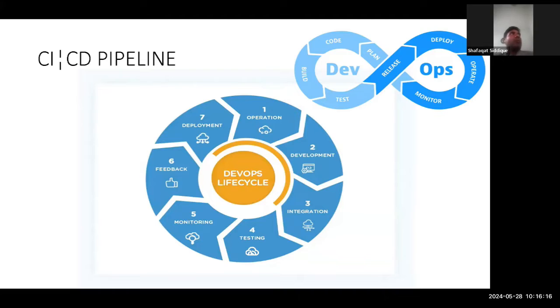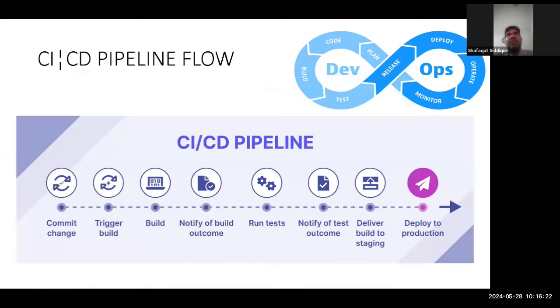So what is the CI/CD pipeline in DevOps? I say it is the backbone. Somebody says it is 10% of DevOps. Surely it is 10% of DevOps, but it is the backbone of DevOps.